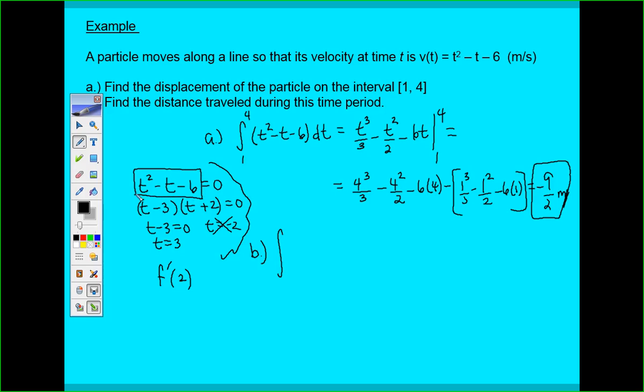We'd have 4 minus 2 minus 6. So we're moving left. That would be a negative value. So we're going to take from 1 to 3, and we will take the absolute value of this quantity.